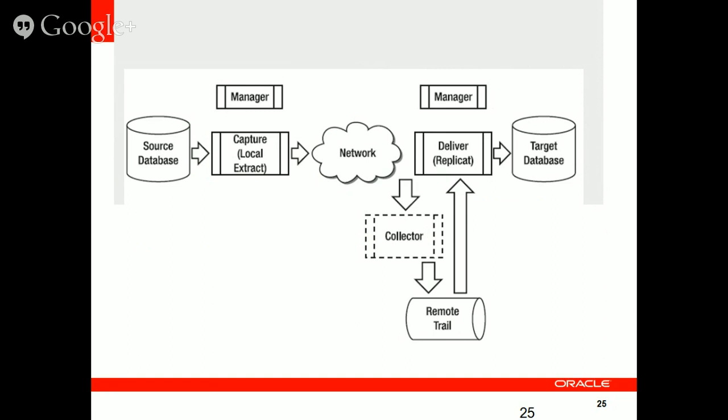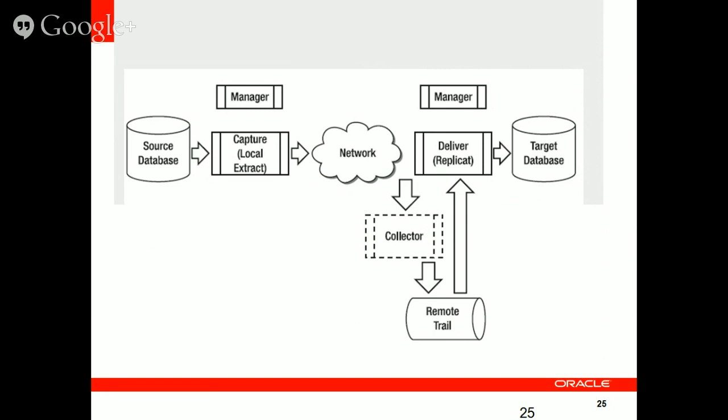At the target site there is one more process called the collector process, which will capture all these changes, and all these changes will be put inside the remote trail, and the replicat process will apply all these changes to the target database.